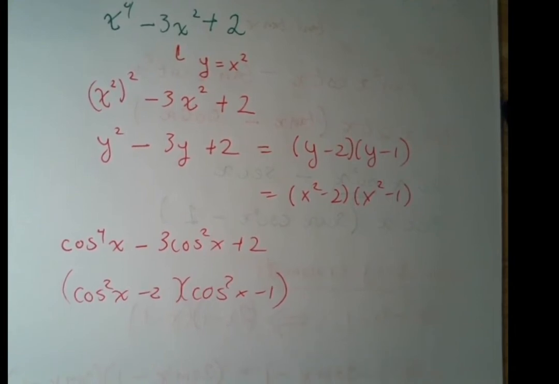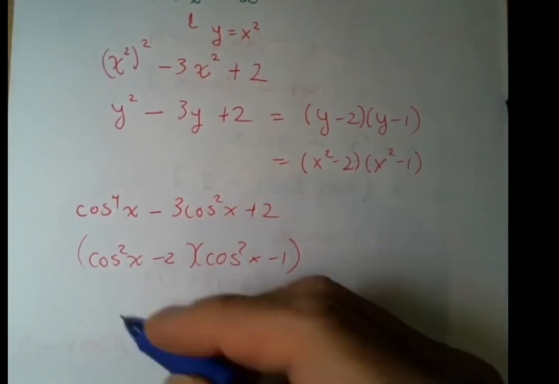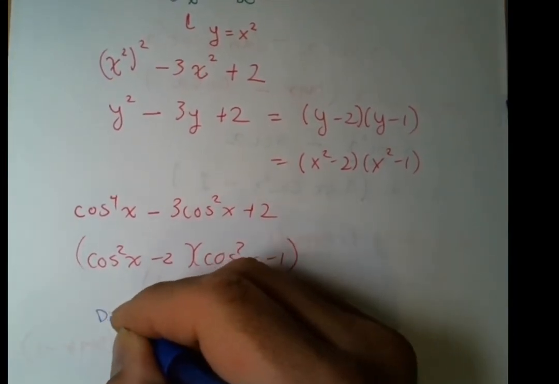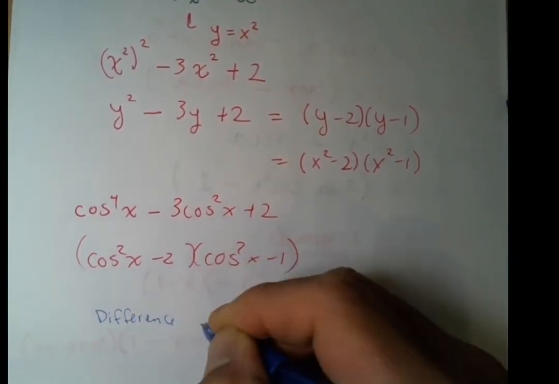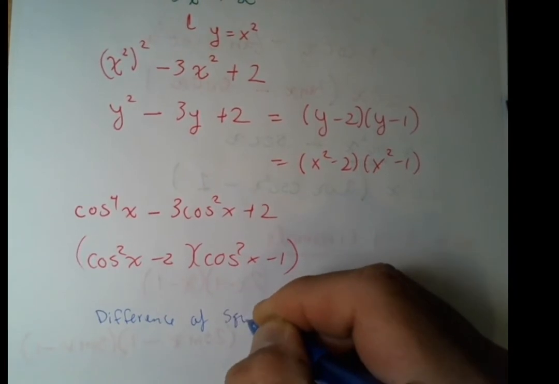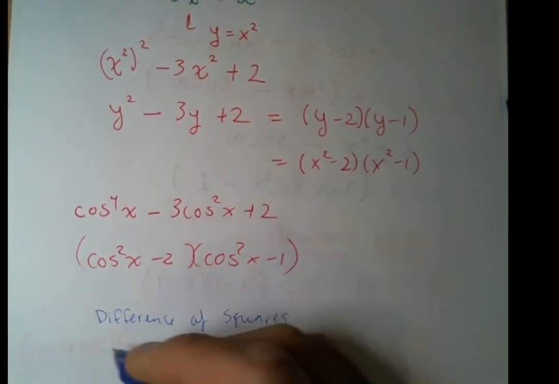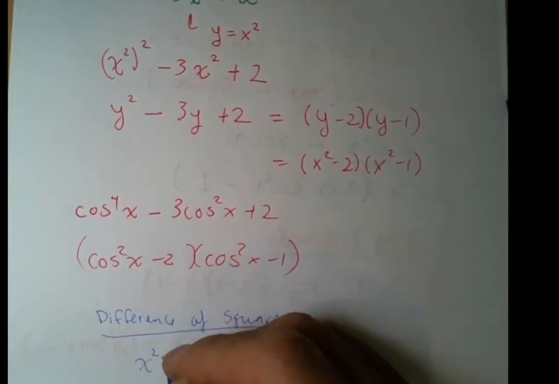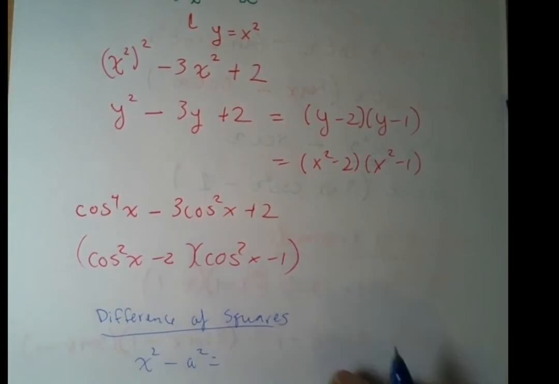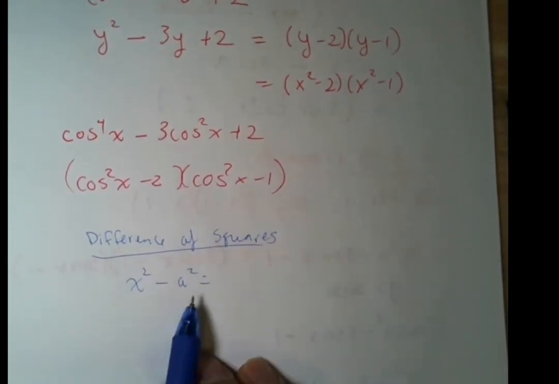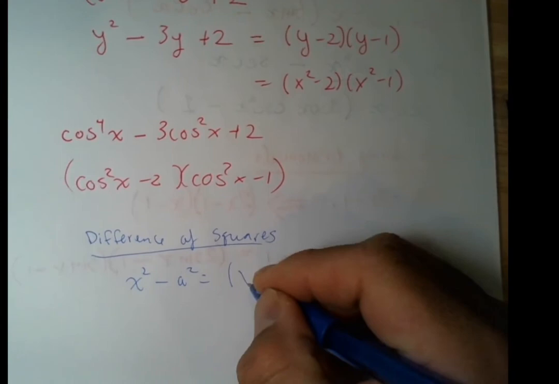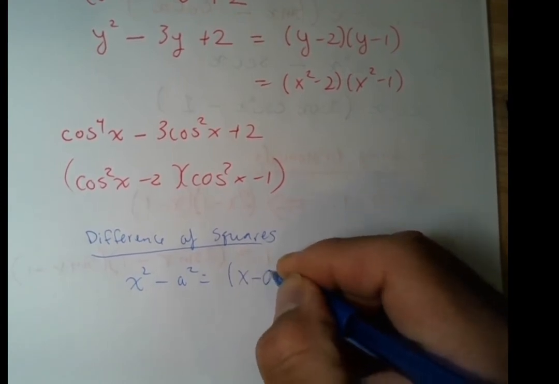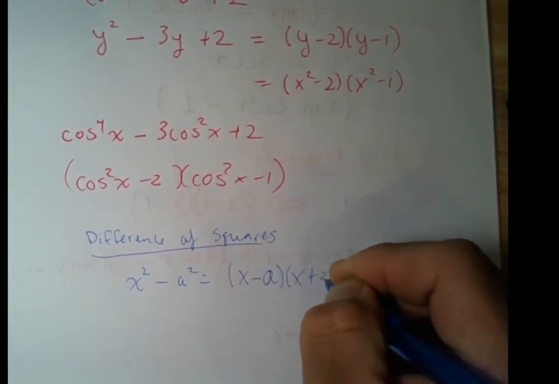Some other special factoring techniques that might pop up is a difference of squares, where we have two squares, x squared minus a squared, that simplifies to x minus a, x plus a.